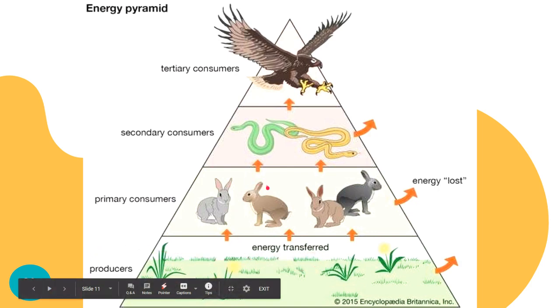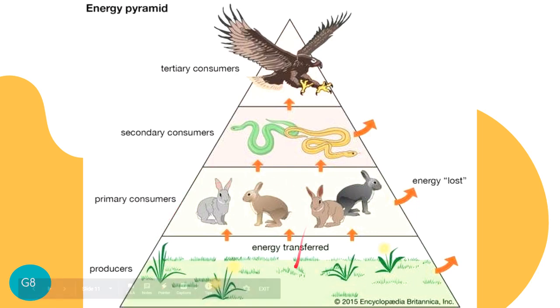Now, the next level, as you can see by the arrow, is when these grasses are eaten by the rabbits as primary consumers. But as you notice, it's not a rectangle, it's not equal. As you go higher in the trophic level, the population of organisms decreases as well as the energy being transferred.